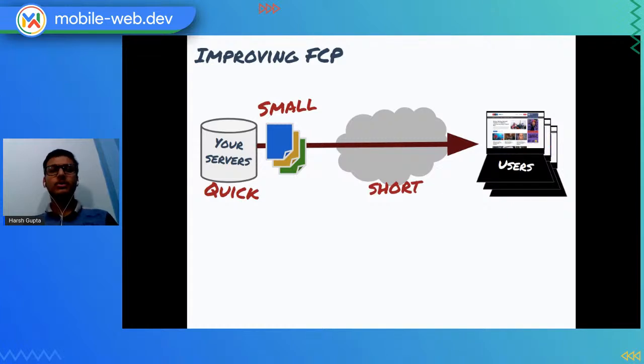The first thing we can do is make our server really, really quick. It means our web server should be quick, and usually most websites have a quick server. It's not always the case, but it should be quick. Second, the size of the file should be smaller.